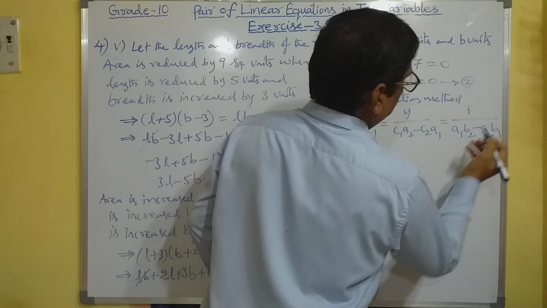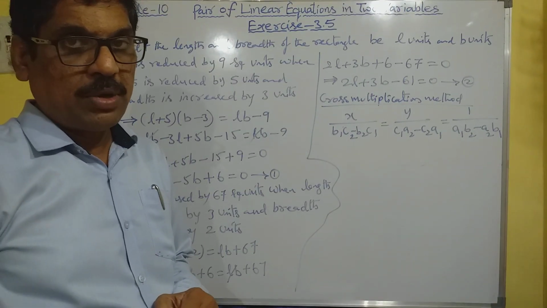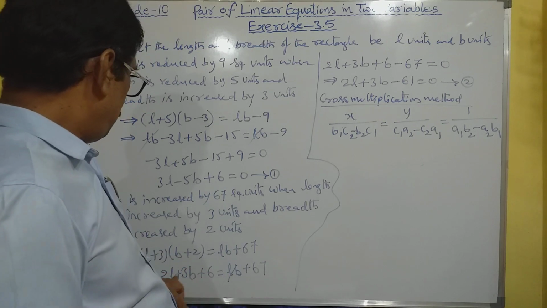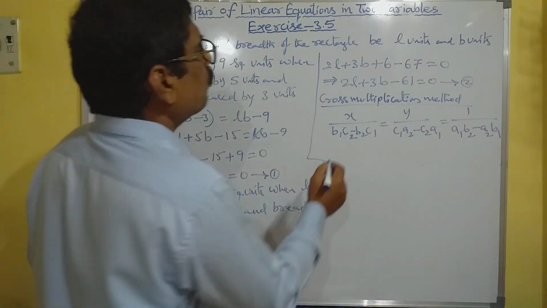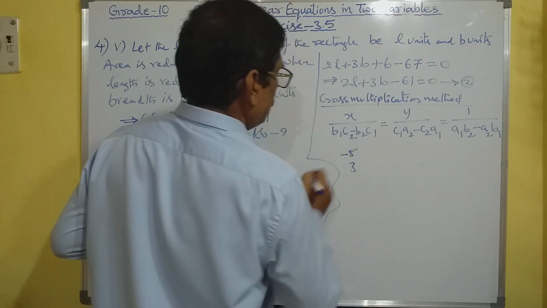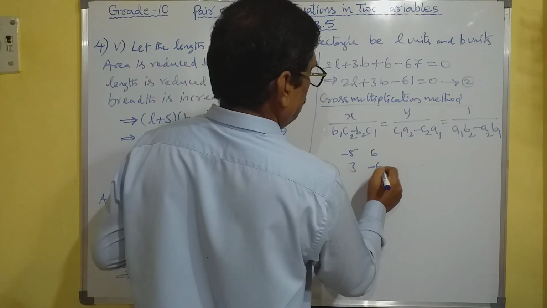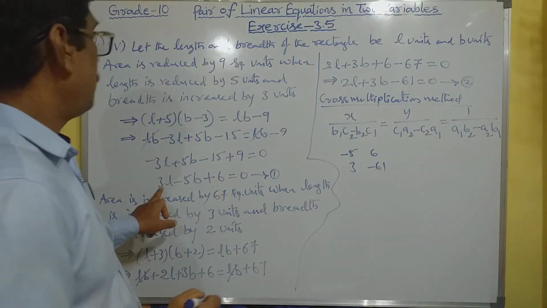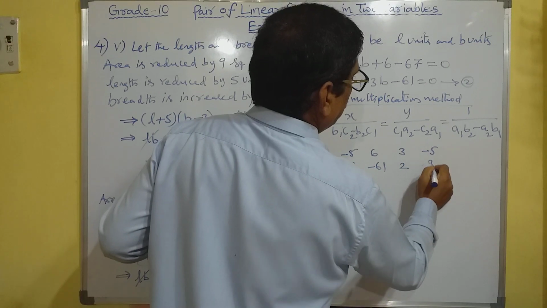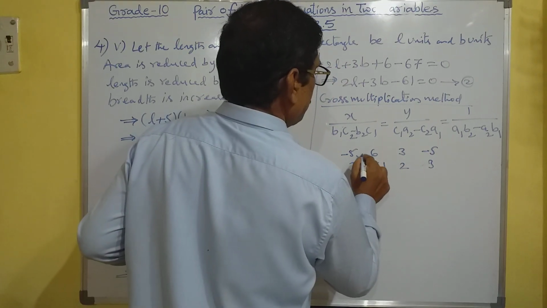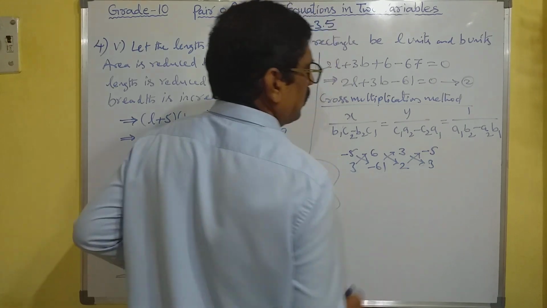Did you remember? So we have to remember this. We have a shortcut way to remember. See, B1 B2: minus 5, 3. C1 C2: minus 6, minus 61. A1 A2: 3, 2, again B1 B2. So B1 C2 minus B2 C1, C1 A2 minus C2 A1, A1 B2 minus A2 B1.